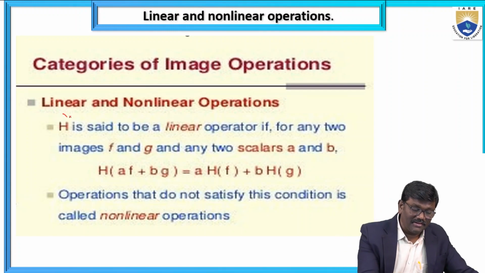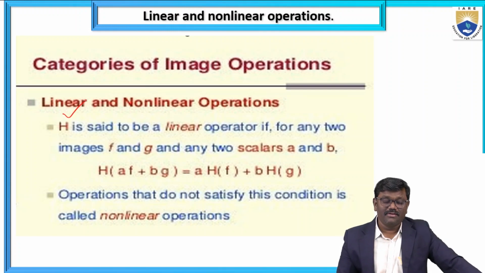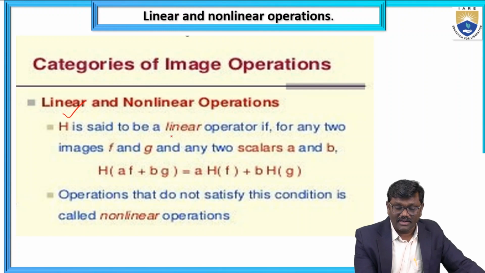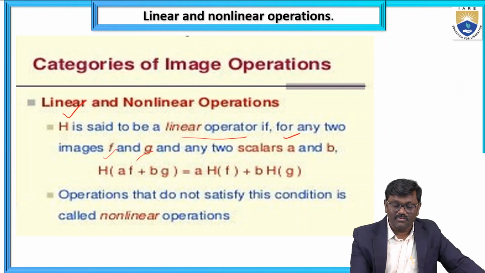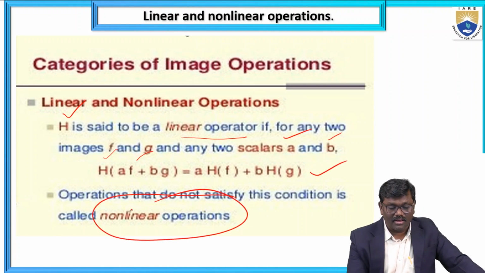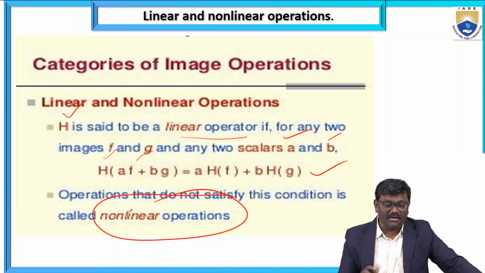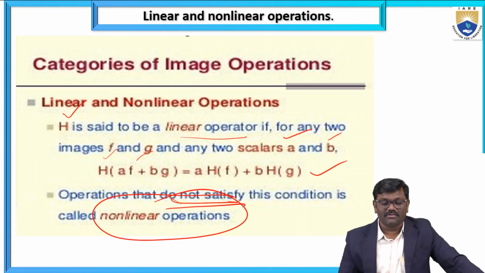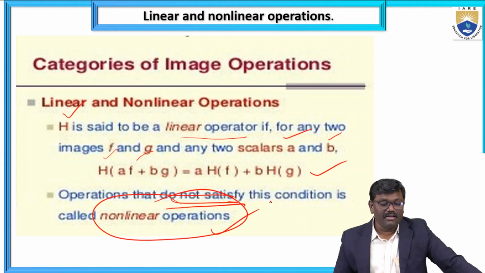We simply said H is one of the linear operators, which we apply between F and G images with the help of two scalars, then we get this equation. Otherwise, it becomes non-linear. The condition is not satisfied, then it is non-linear.